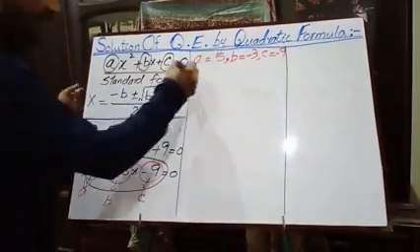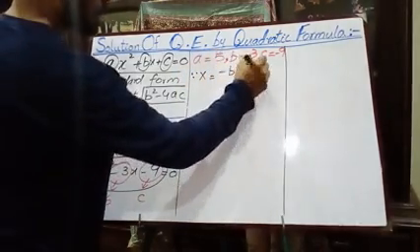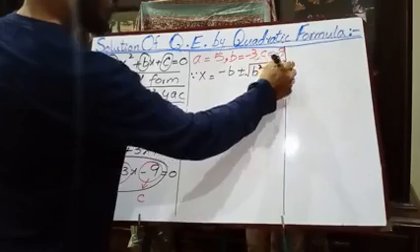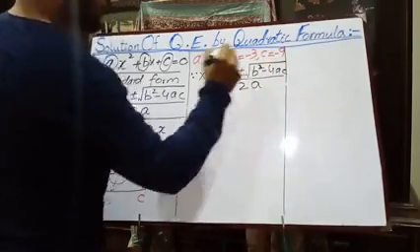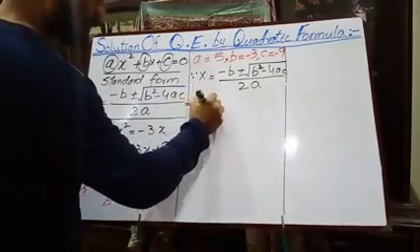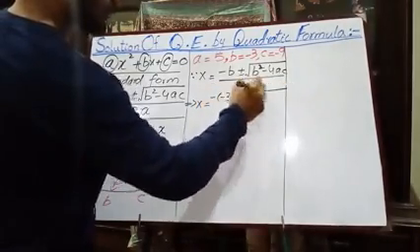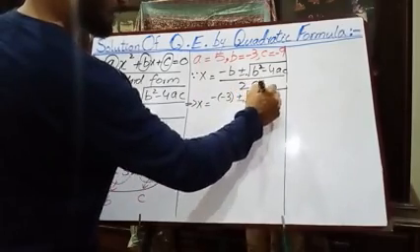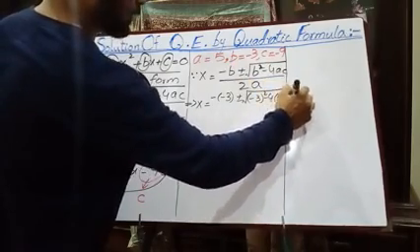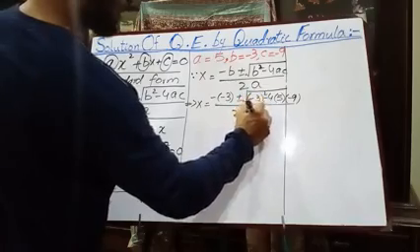So now since we have the formula, x will be equal to minus b plus minus square root of b square minus 4ac, whole divided by 2a. So put the values in that formula. x will be equal to minus into minus 3 plus minus square root of minus 3 square minus 4 times 5 into minus 9, whole divided by 2 into 5.